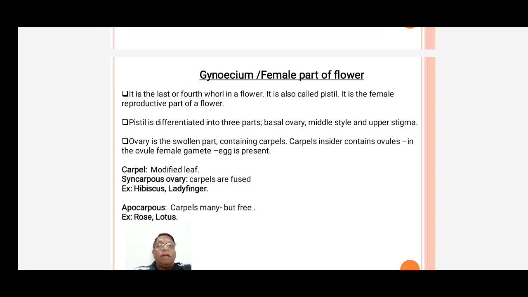Next, we shall see the next part, gynoecium or the pistil. Gynoecium is the last whorl or fourth whorl in a flower. It is the female reproductive whorl of a flower, or female reproductive part of a flower.